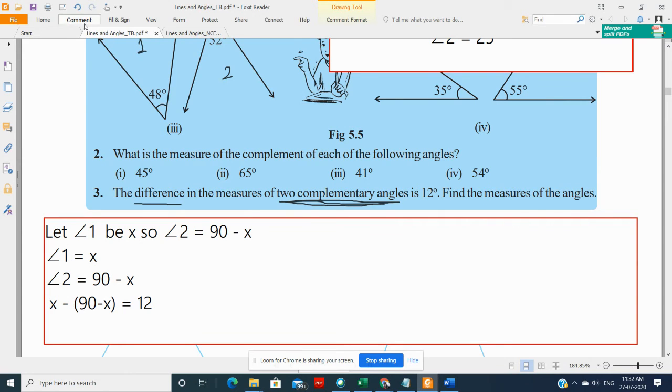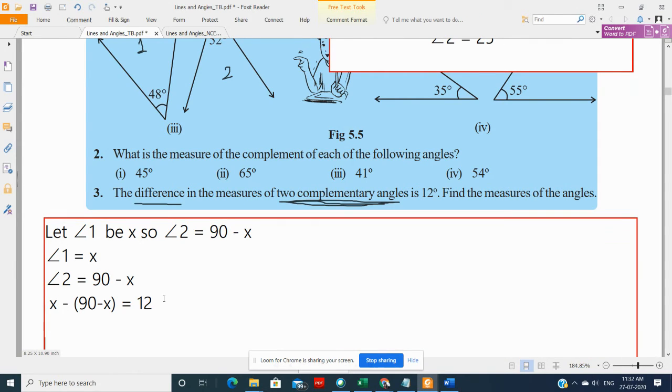Now we'll solve this. We'll release the bracket: x minus 90 plus x. Why plus x? Because whenever we release the bracket and we have a minus sign outside the bracket, the inner signs will change.